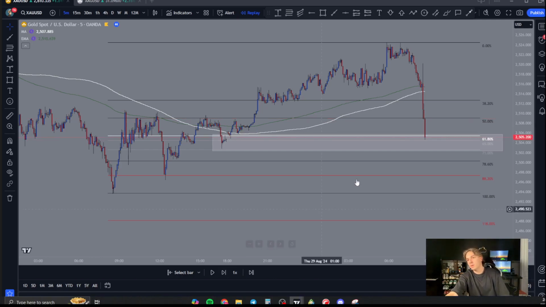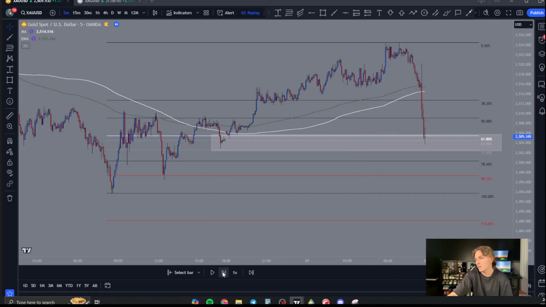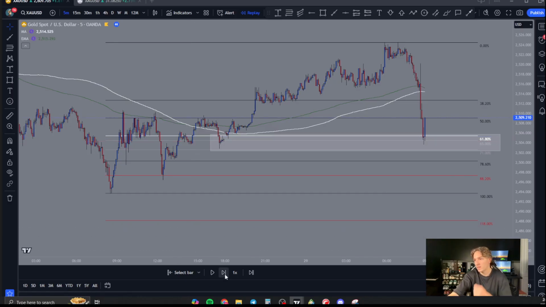Price reached the zone, you don't enter right there, okay? We wait for some type of reaction. Now, we have our first reaction, so a first close which is a bit bullish. We don't enter yet. Next candle, now we've got our first reaction.